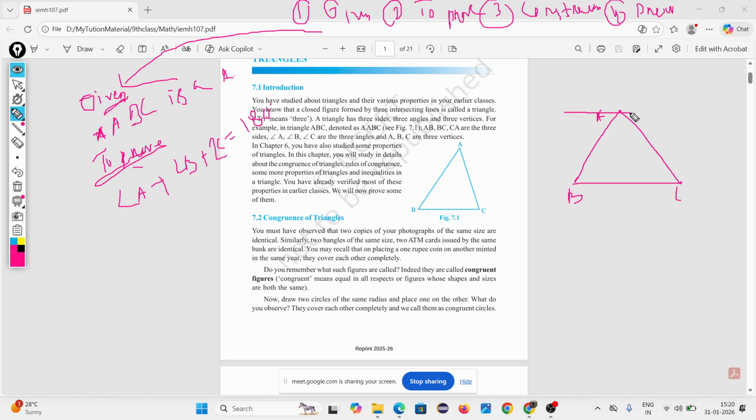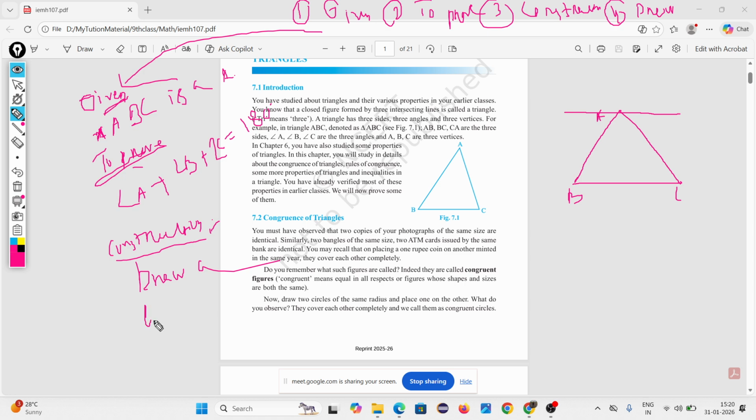Okay. Draw a line through any vertex which is parallel to one side of a triangle. Then write the construction. What are you constructing? Not an altitude.